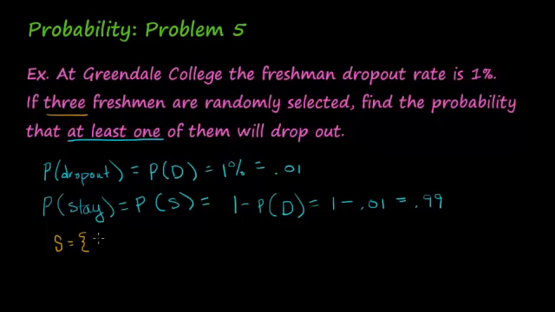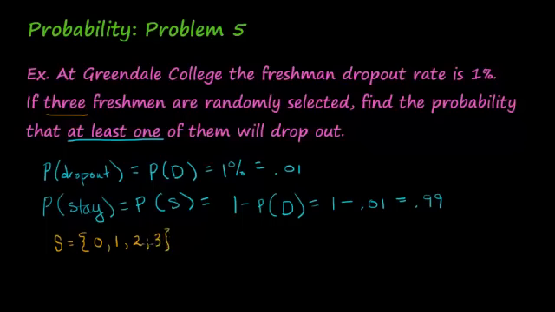And out of those 3, we could find that they're all still there. We're looking for dropouts. They're all still there, we had 0 dropouts. Or 2 of them come back, so 1 of them dropped out. Or 1 of them comes back, so 2 of them dropped out. Or they're all 3 there.